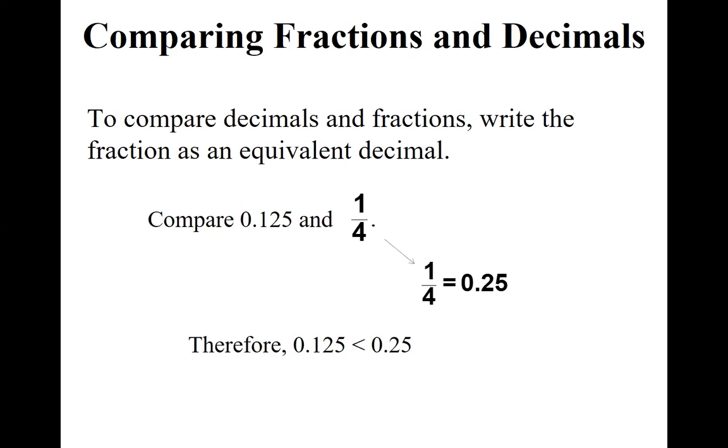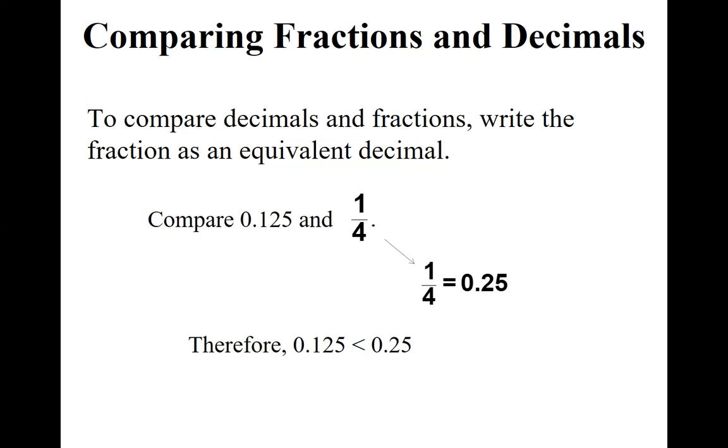So we've learned how to compare fractions and we've learned how to compare decimals. What happens when we have to compare a fraction with a decimal? Well, when they're mixed, we need to make them both the same. And it's easier to just go ahead and divide the fractions, write them as decimals, and then compare the decimals.